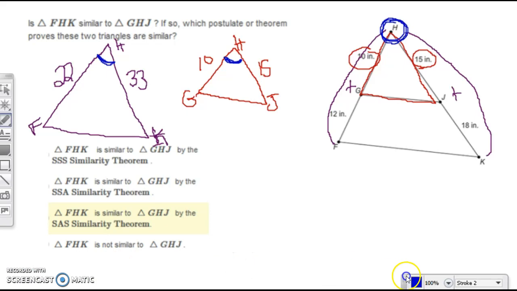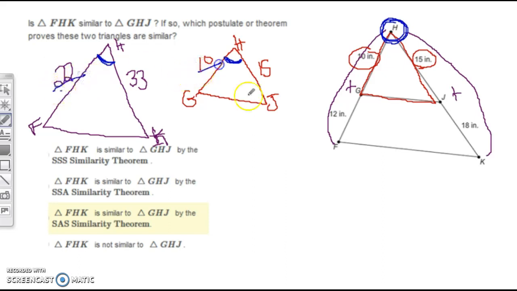So I know that both of those angles are going to be the same. Then the other information that I'm given is two side lengths. So if I had to guess here, I'm guessing that I'm going to be using an angle and two side lengths. Okay? But we need to check to make sure the sides are proportional. So I'm going to set up a proportion to make sure they're equal.